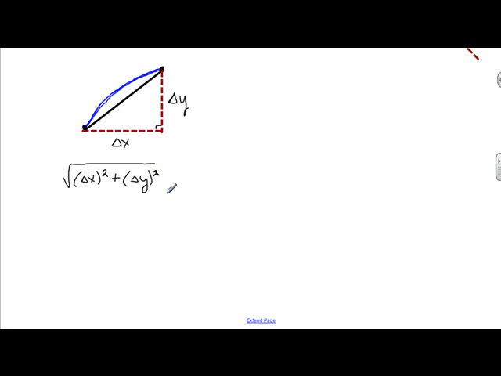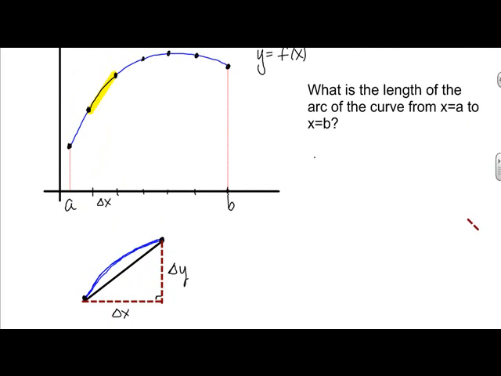So then the length of the entire curve, let's call that L, will be approximately equal to the sum of all of the lengths of our little line segments. So let's say the sum, if k starts at 1 and goes to n, of the square root of delta x squared plus delta y sub k squared.